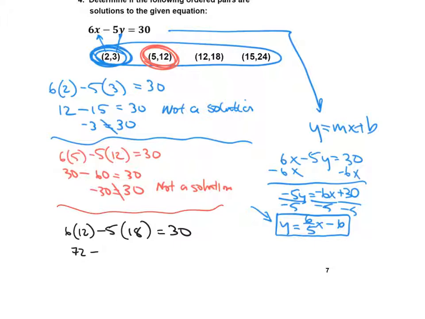So that's 50, and 40, so that's minus 90. And then 72 minus 90 is not going to give us 30. So we're going to have negative 18 is equal to 30, and that's not true. So that's also not a solution.